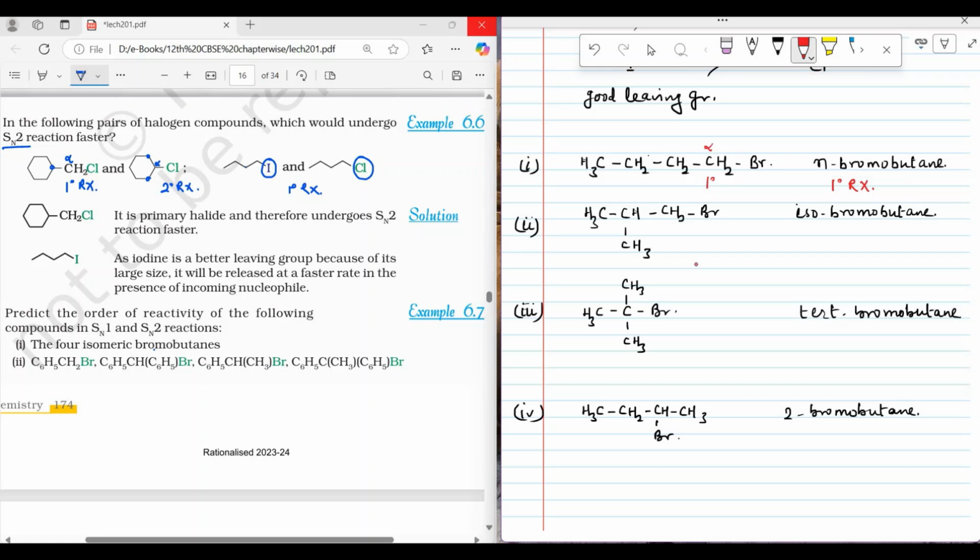Here this is the alpha carbon and it is bonded to just one other carbon, so this is again a primary alkyl halide. And here this is the alpha carbon and it is bonded to 3 other carbons, so this is a tertiary alkyl halide. And in the fourth structure, this is the alpha carbon and it is bonded to another carbon, so this is a secondary alkyl halide.